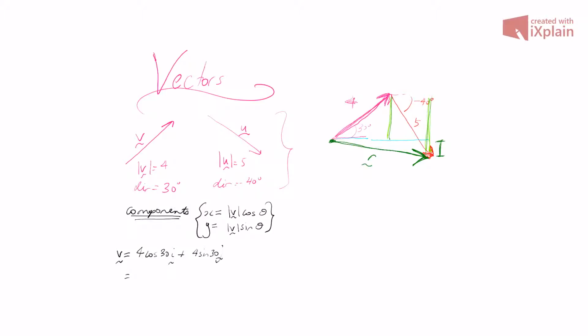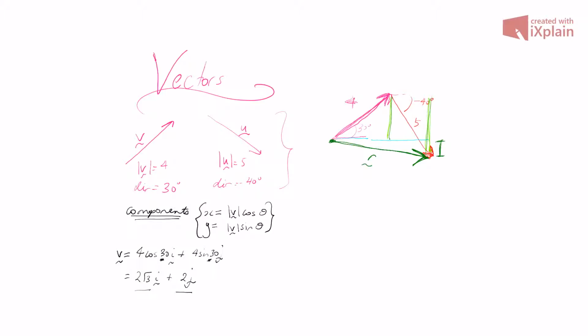Now remember that cos 30 is root 3 on 2, so root 3 on 2 times 4 is 2 root 3, and sine of 30 is a half, so 4 times a half is 2. Now let's just think about this. It's a direction of 30 degrees in the positive direction, so both the x and the y components are going to be positive, so that works out.